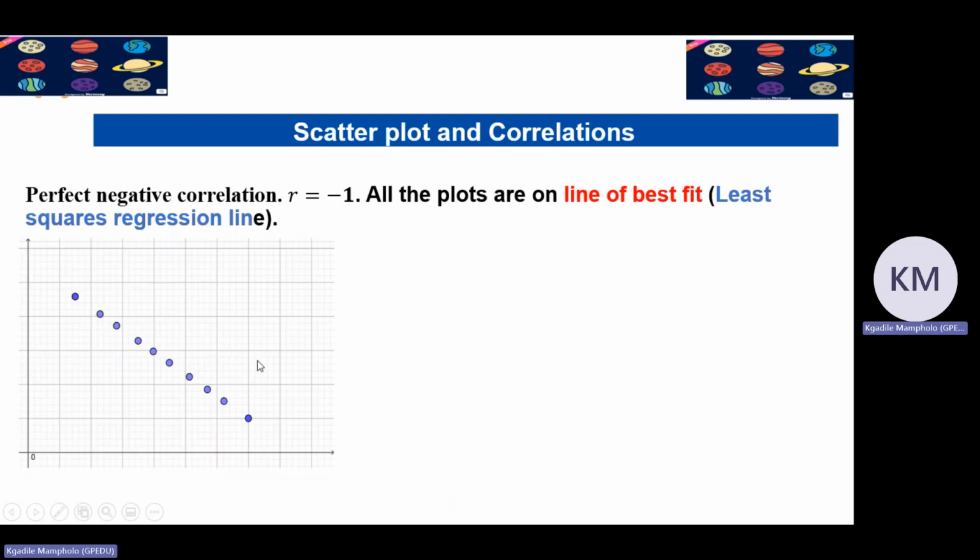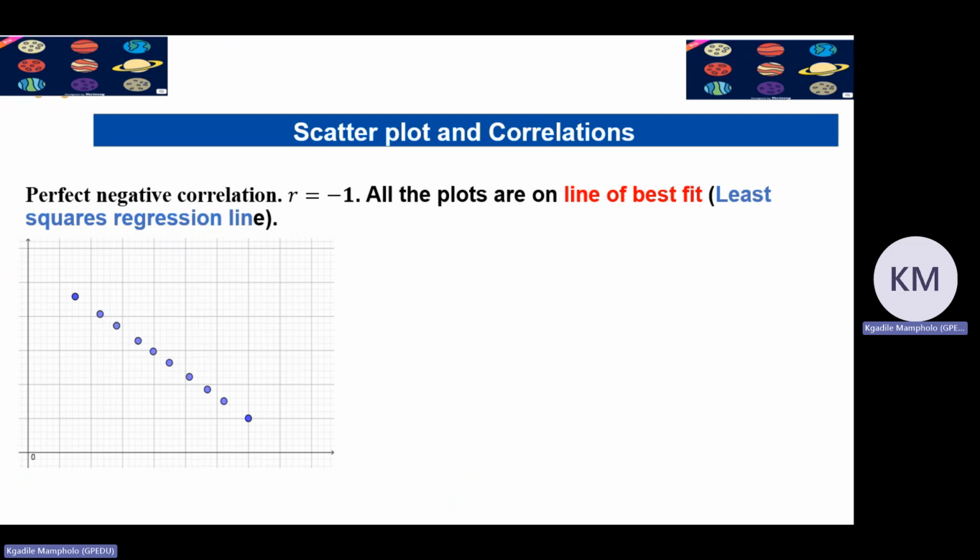The same applies here. You can see that in this case, the points are plotted, and as the variable on the x-axis, the horizontal axis, increases, the variable on the y-axis decreases. You can see that there's a negative gradient.